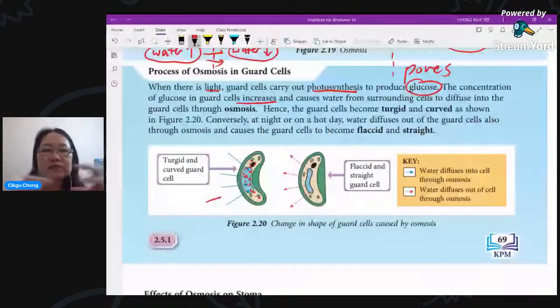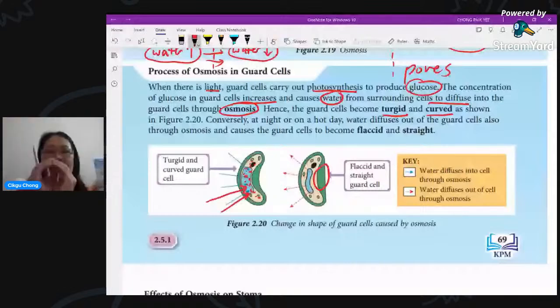So it can become turgid. Turgid means very firm, very hard. And it will curve. Curve because of what? Remember I said the cell wall on the inner side is thicker, so it bends. The outside will curve more, the inside will curve less, so it will curve inwards, and that's what causes the guard cell to open like this.